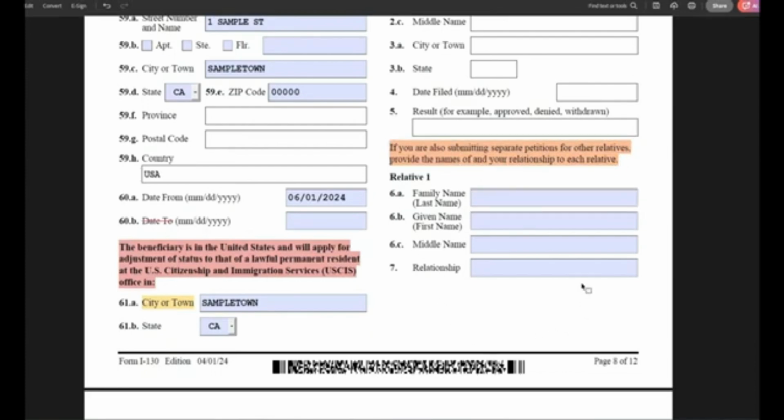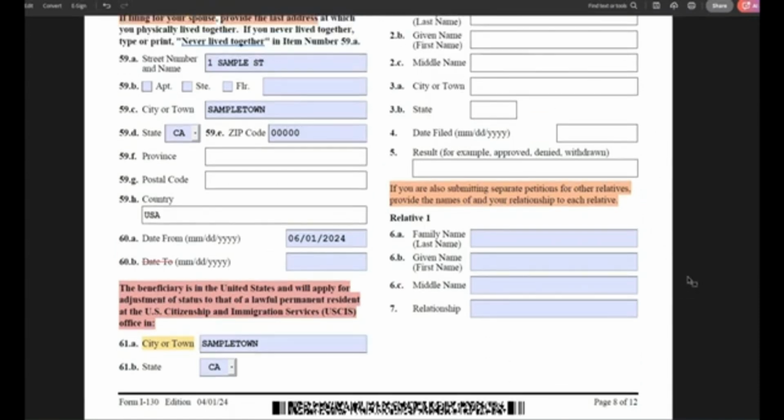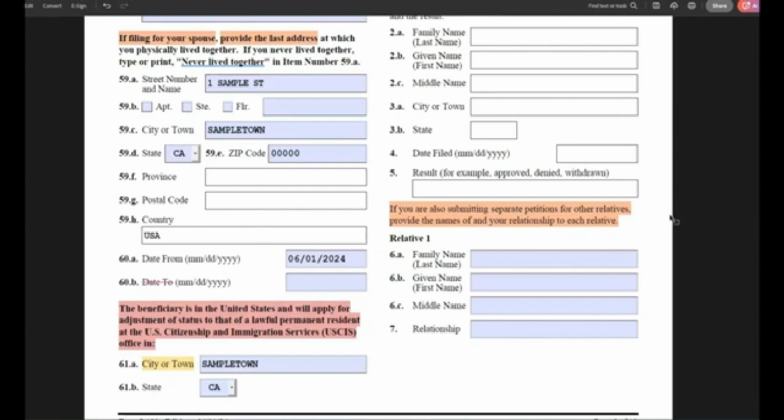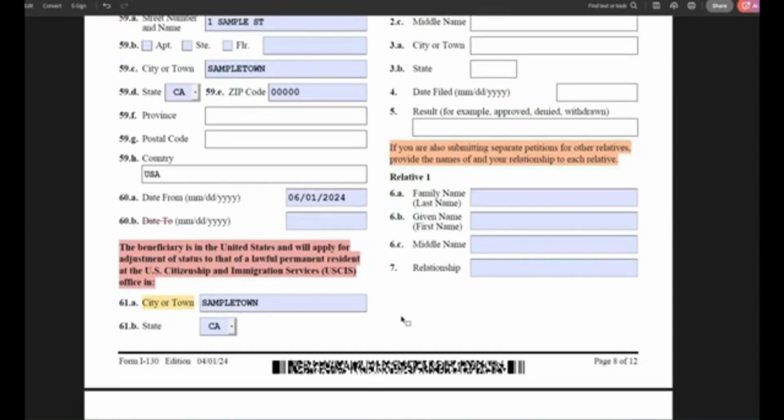This I often see with petitioners who are sending petitions for both of their parents. So in that case, one of the I-130 petitions will be about one parent. So then here, you will type in the name of your other parent, or if you're petitioning your spouse and stepchildren at the same time, then you will provide this information here.